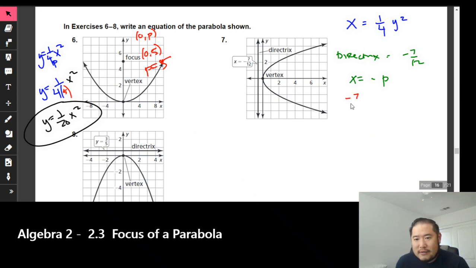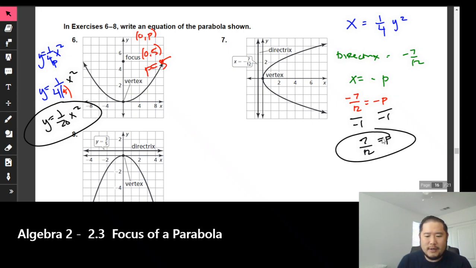Let's take negative 7 over 12, which is x, and set that equal to negative p. In order for us to figure out what p is, we divide both sides by negative 1. So p is equal to now positive 7 over 12. So there's my value of p.